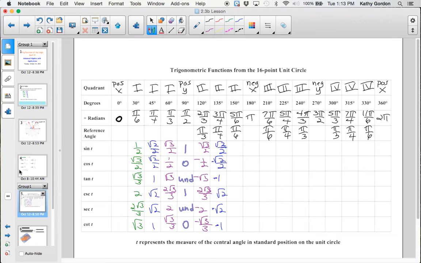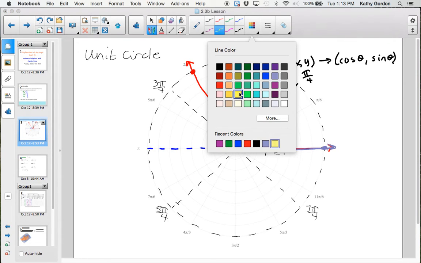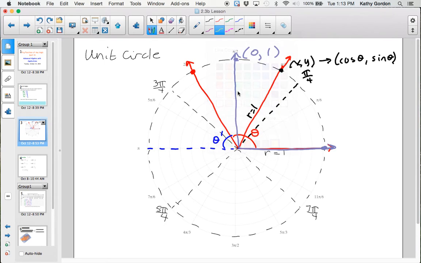And then we can do a similar thing for 0. I wanted to just keep everything right here at my initial side, standard position, don't rotate at all, have an angle of 0, then this is the point right here that I'm interested in. Well, what are the coordinates for that point? What do you think? 1, 0.